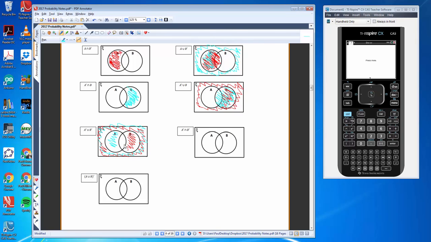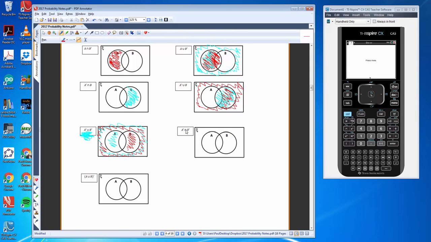So this basically means everything other than the intersection. Now this is why shading is important, because over the years I've seen a lot of students say not A union not B is just this outside part here, but if you do the shading quickly, you'll realize that actually you're talking about everything except the intersection.